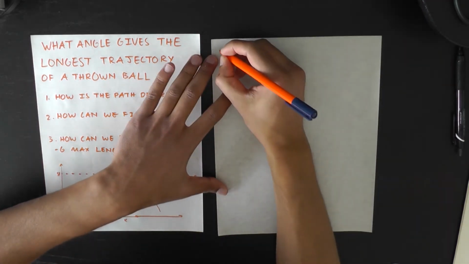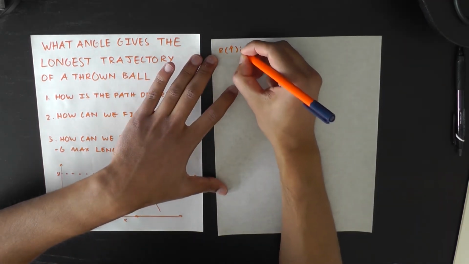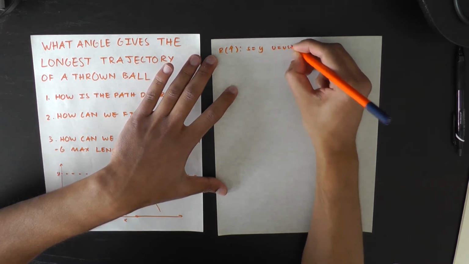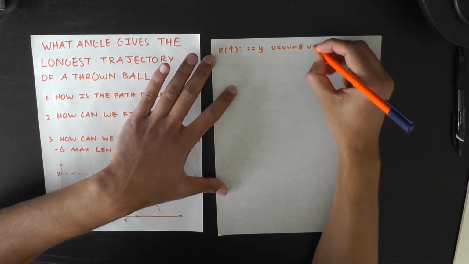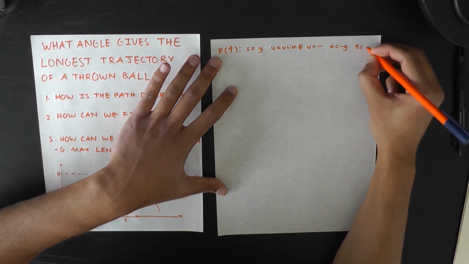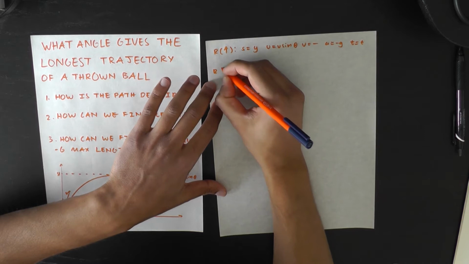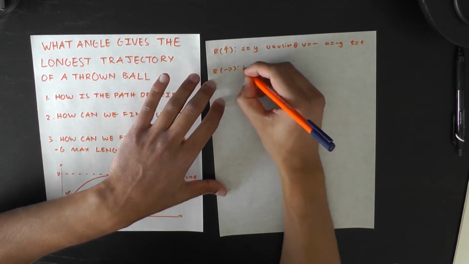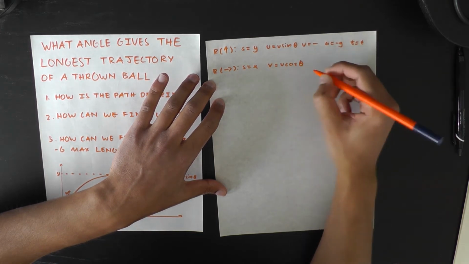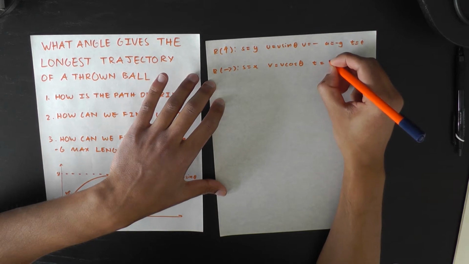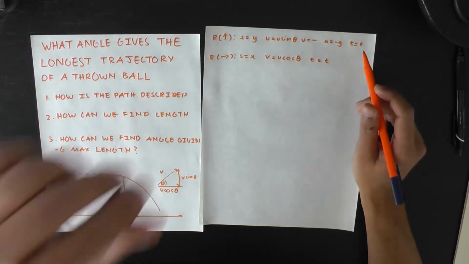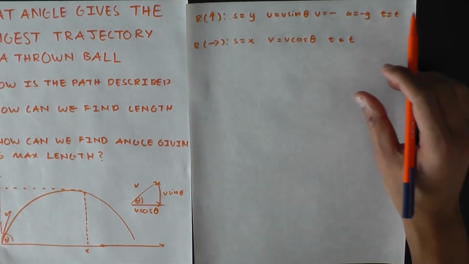If I resolve vertically, s equals y, u equals v sine theta, v we don't care about, a equals minus g, t equals t. And if I resolve horizontally, s equals x, v equals v cos theta, and t equals t. The common factor is t, so we can use time to combine these equations.